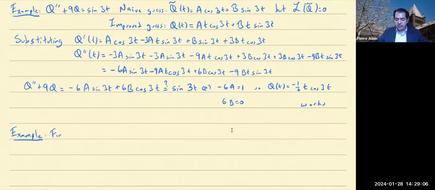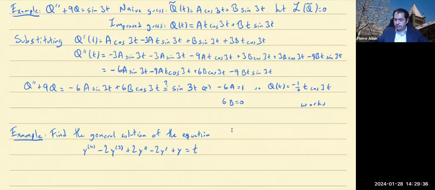Suppose we want to find the general solution of the equation y to the 4 derivatives minus 2y 3 derivatives plus 2y double prime minus 2y prime plus y equals t plus 5 times sine of t plus 3e to the t plus 2t e to the t.